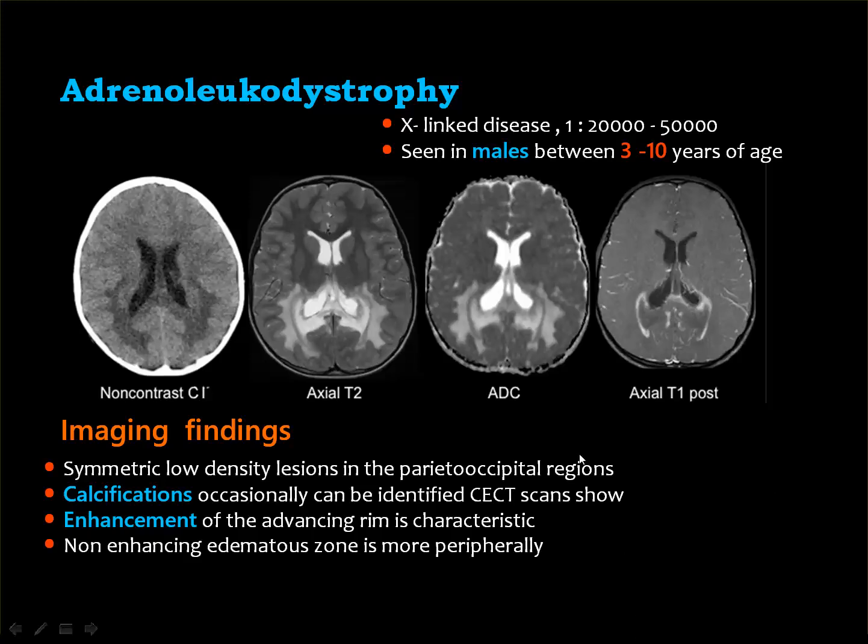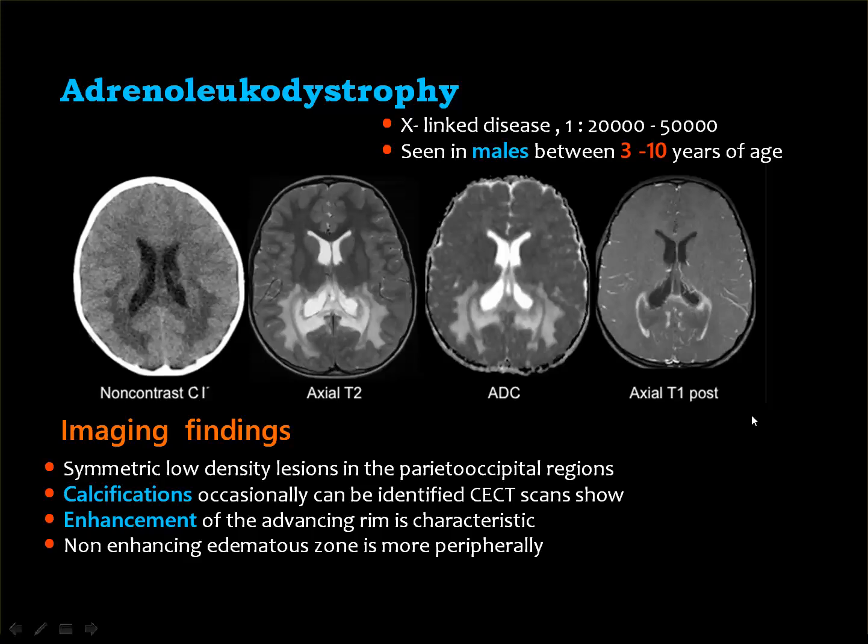This disease has a characteristic location in the posterior aspect of the brain, the parieto-occipital areas, where you get the unmyelinated white matter as hypodense areas around the trigone and occipital horns of the lateral ventricles. This white matter will show high signal in the T2 and FLAIR, and in the diffusion weighted images, they will not show diffusion restriction.